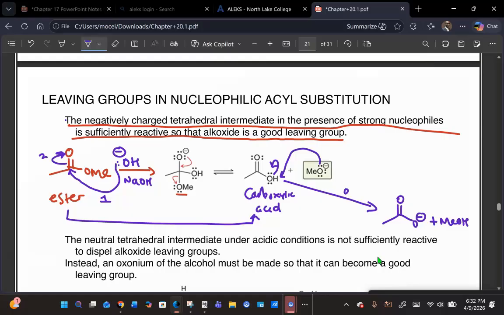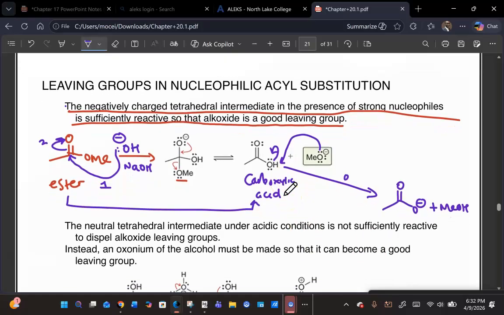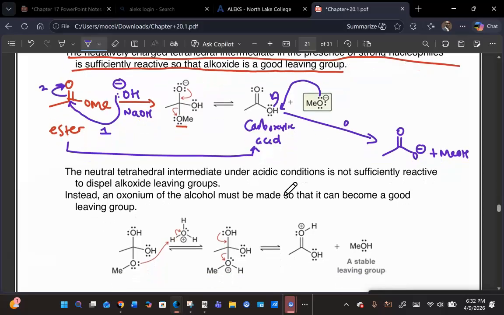Otherwise, the complex will be so thermodynamically unstable that the enzyme will stop working. Got it. Okay, so the neutral tetrahedral intermediate under acidic condition is not sufficiently reactive to dispel the alkoxide leaving group.